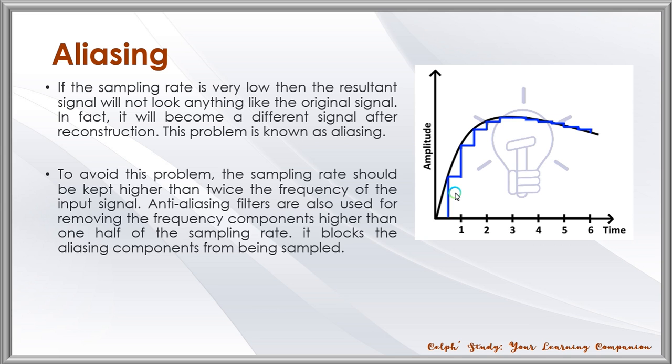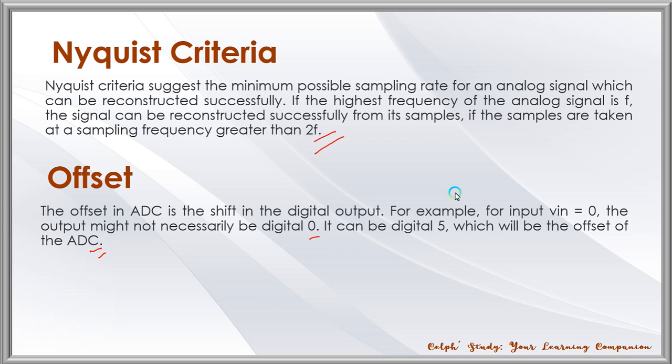Okay, but in the modern devices ginagamit naton, we have already anti-aliasing filters or may mga filter na nga ginagamit in order to avoid aliasing sa aton nga mga gina-perform ng mga operations.